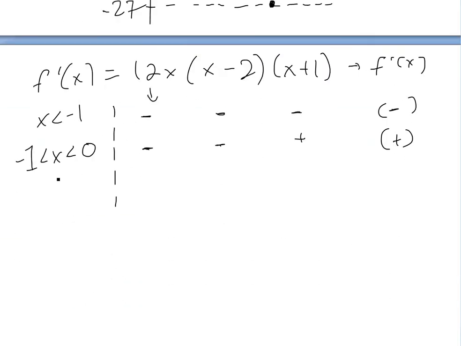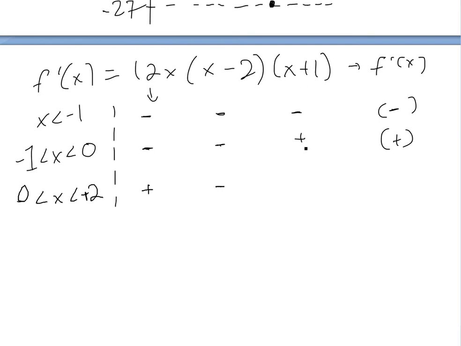And now if we look at x greater than 0 and less than 2, if you look at this side right here, this one is just going to be the x plus 1. So this is greater than 0, so this is going to be a plus. And similarly here, x is less than 2, so the x minus 2 is going to be a negative here.